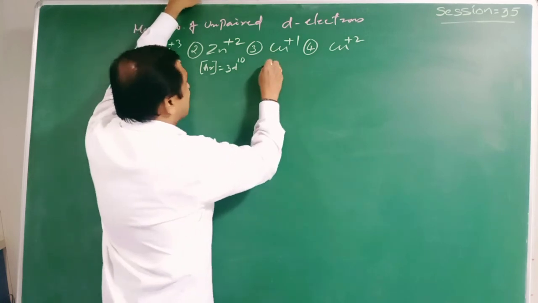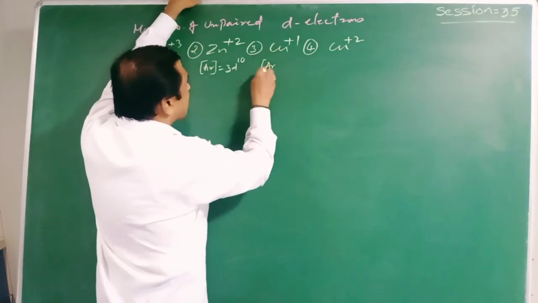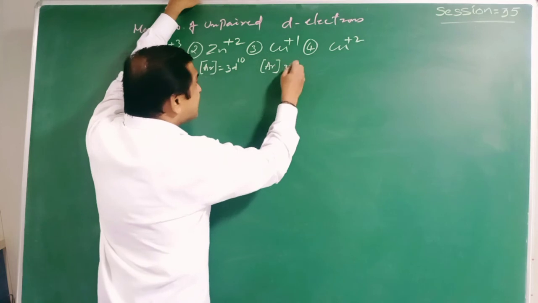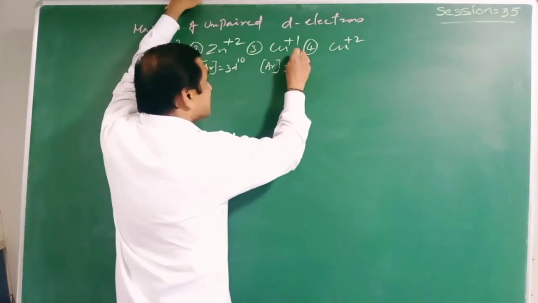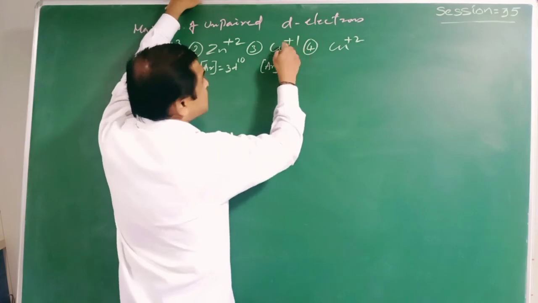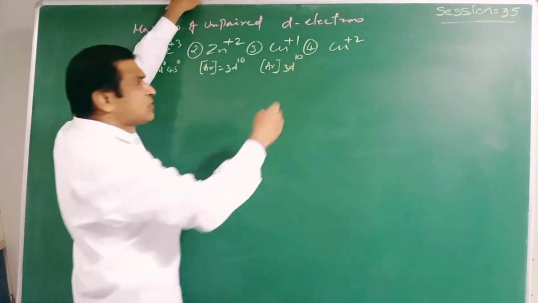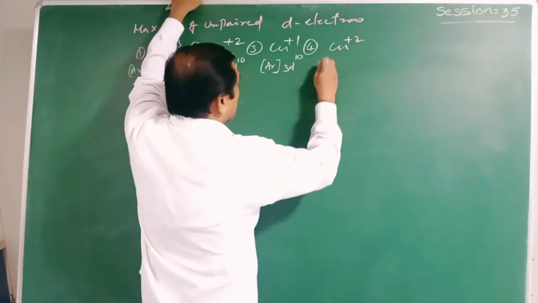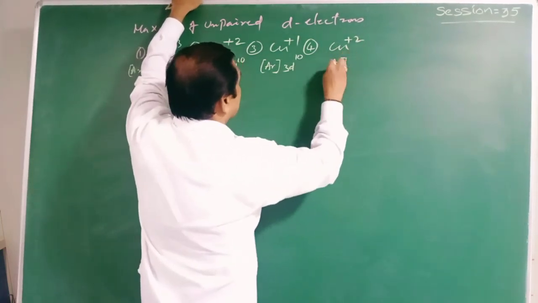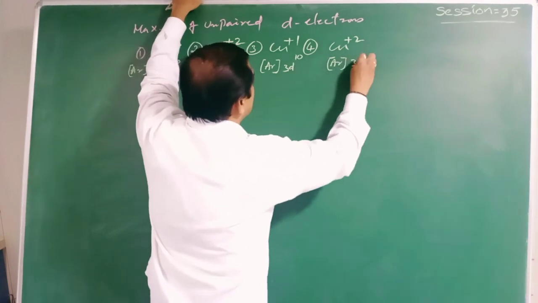And copper plus 1, argon 3d10, because plus 1 means the outermost electron, the 4s electron, is gone. Next, copper plus 2, so argon 3d9.